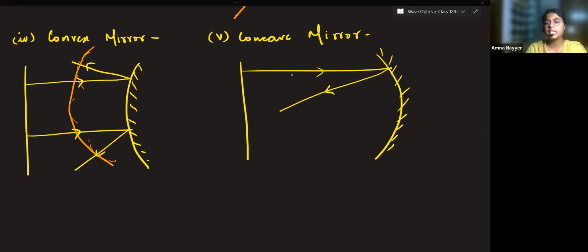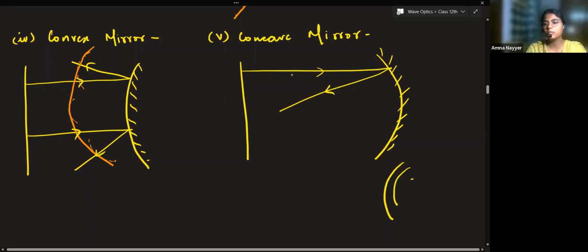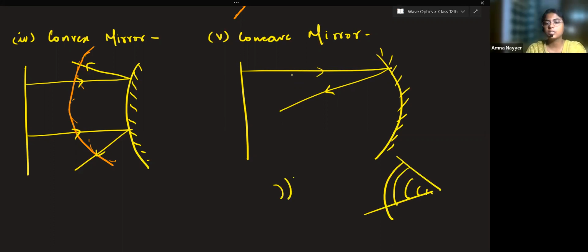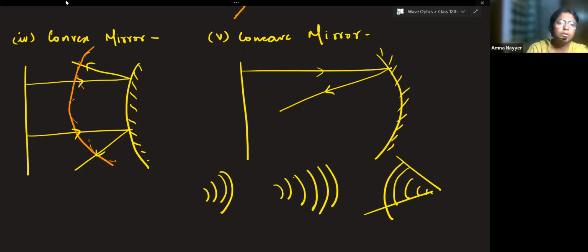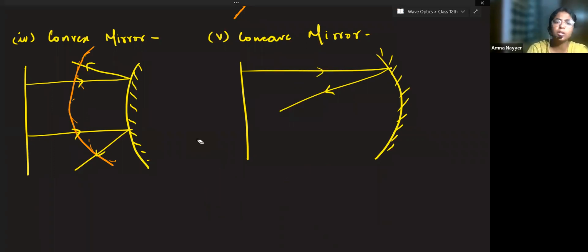If it is like this, then other wavefronts will be this. So this is converging. If these are increasing, one wavefront is this. Otherwise, no need to even go into the details of converging and diverging. That is actually not required. That's why I'm not writing simultaneously. Just remember how the diagram will look.